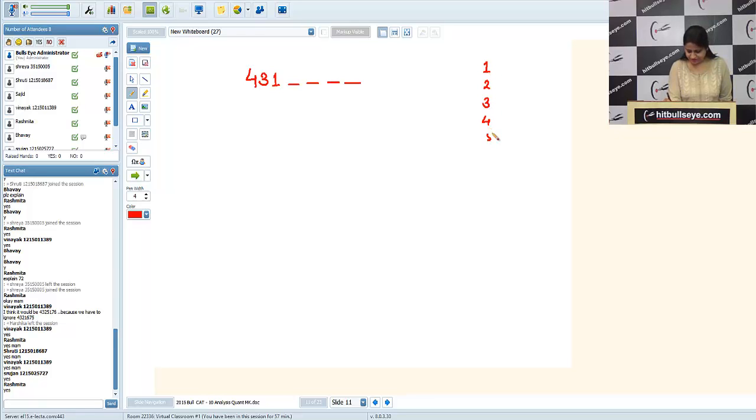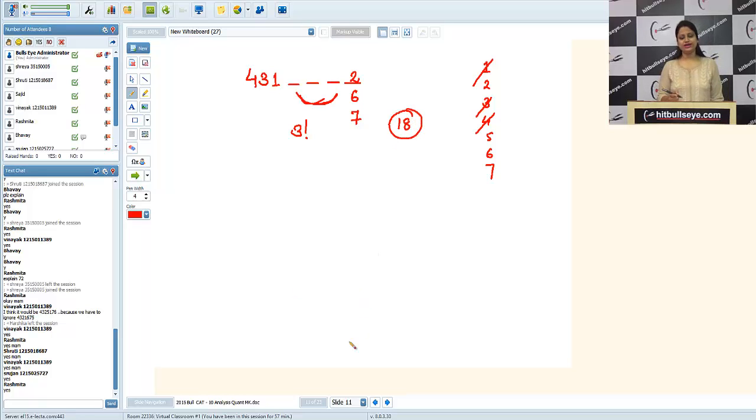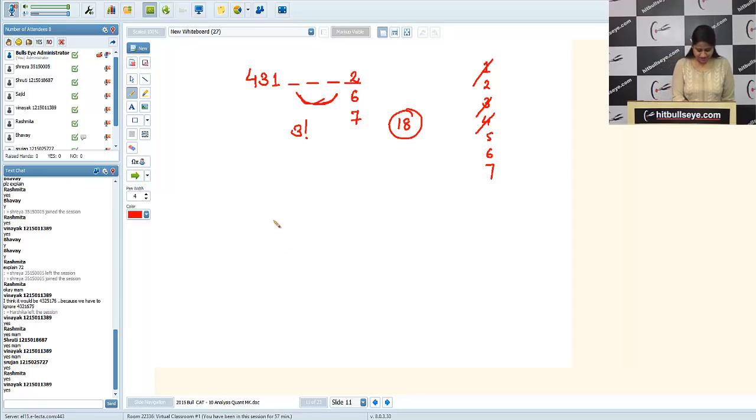We have used 4, 3, 1, so my number can end in 2, 6 and 7. How many digits are left? They are 3, and for these, 3 factorial, 6 permutations are available corresponding to every unit place. So these 18 numbers are gone. Are you getting me? We want to count 23 numbers. These 18 are gone, so my number will start with 432.